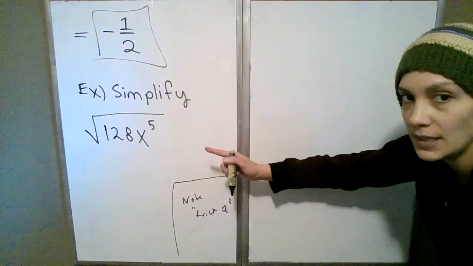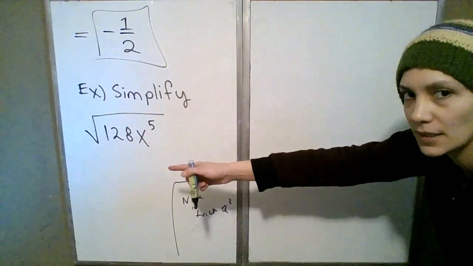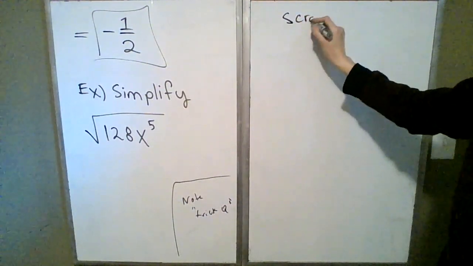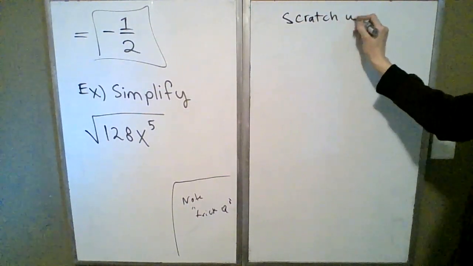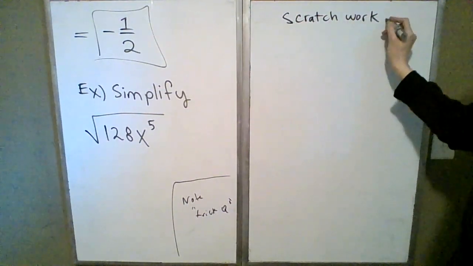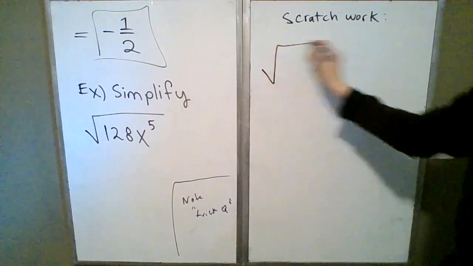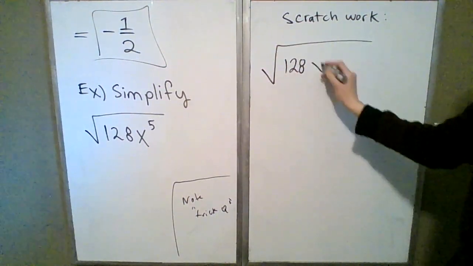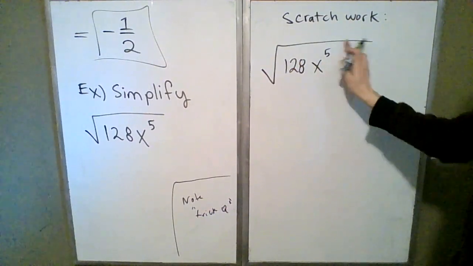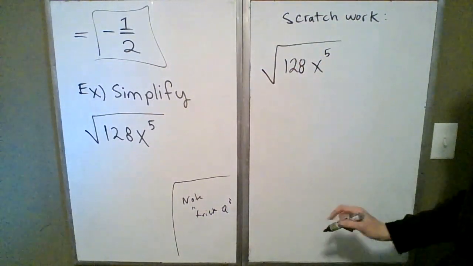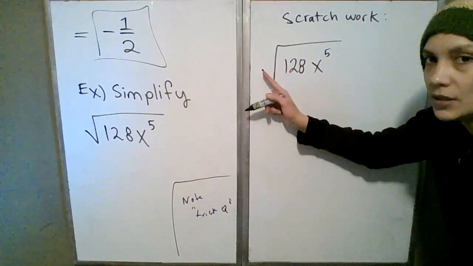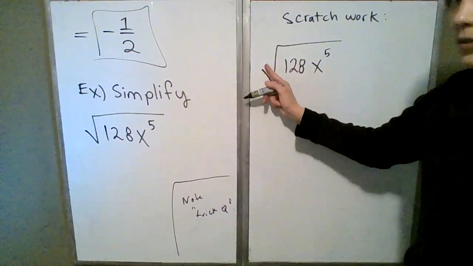So we're going to take this and start to factor 128 and the scrap trick. When there's no value here, you need to just assume that it's 2.